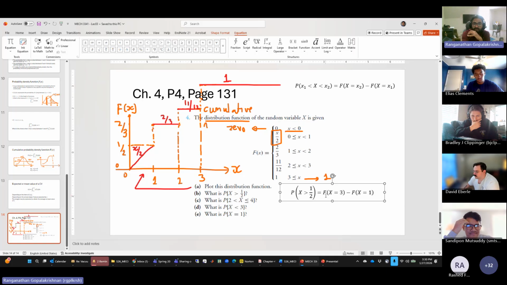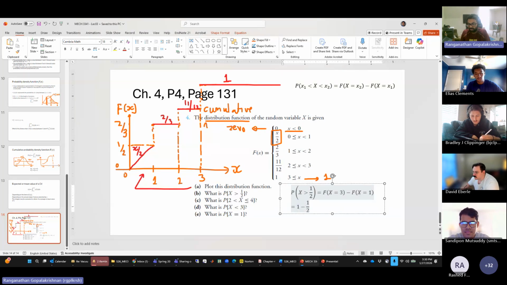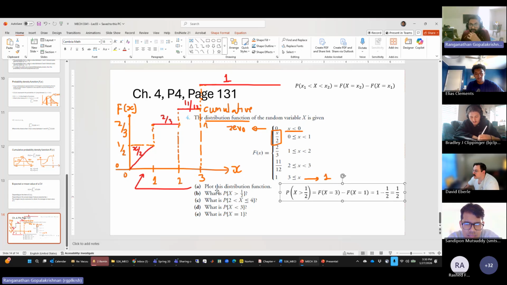That would be 1 minus 1/2, or 50%. You can think of it in another way also. This is 1 minus 1/2, or this is 1/2.